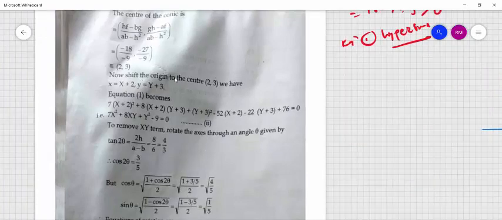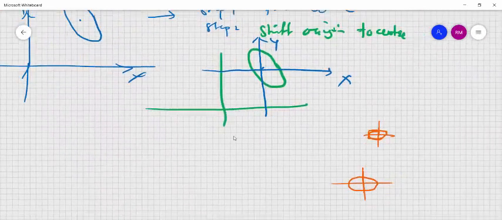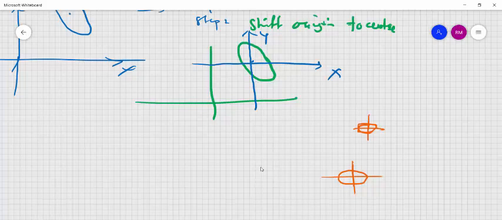By shifting the origin to 2 comma 3, it means replace small x by capital X plus 2, small y by capital Y plus 3. Substitute in equation 1. We get 7X square plus 8XY plus Y square minus 9 equal to 0. Now what is our next job? Obviously from this diagram we have to rotate this.